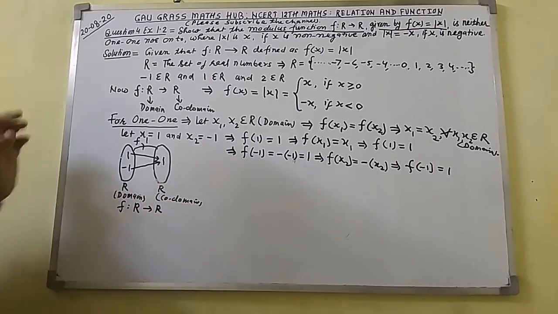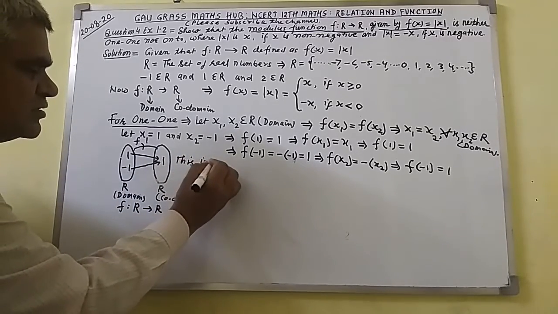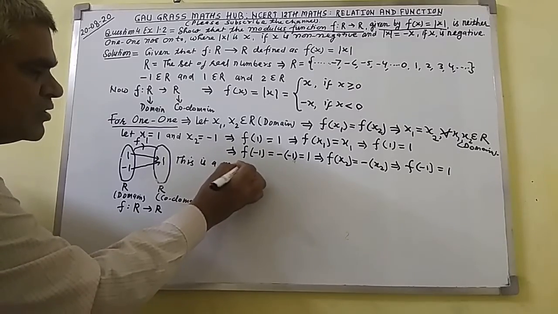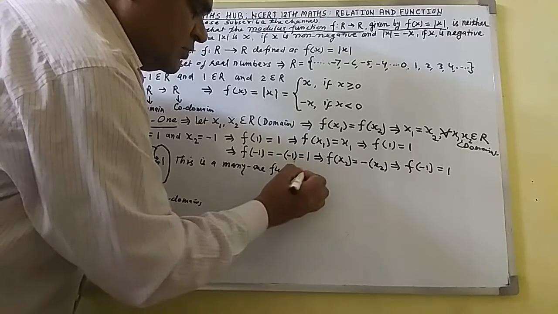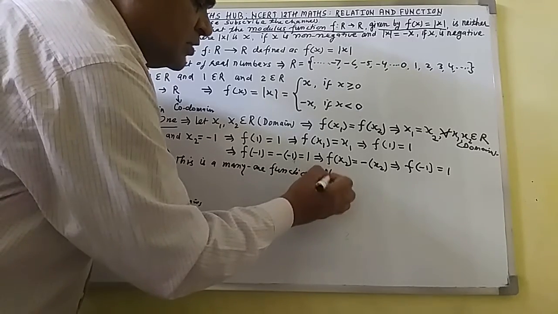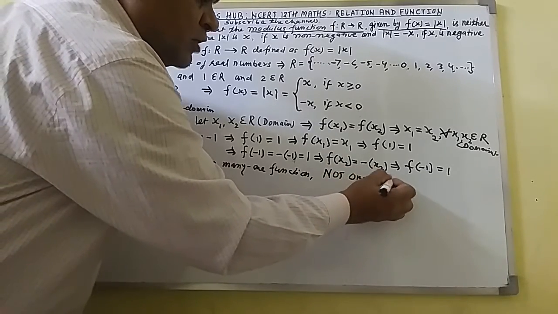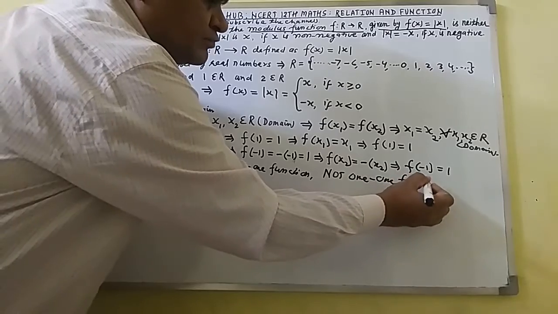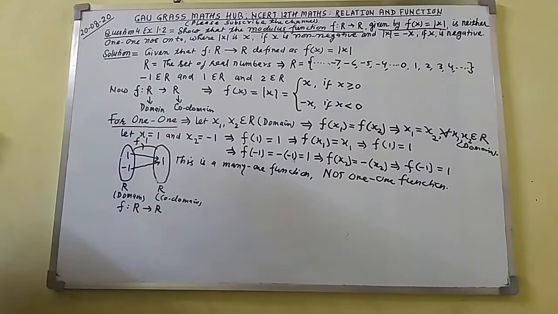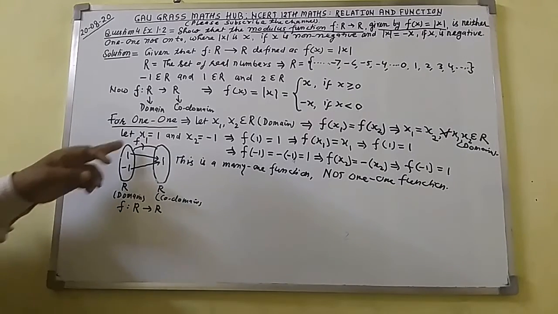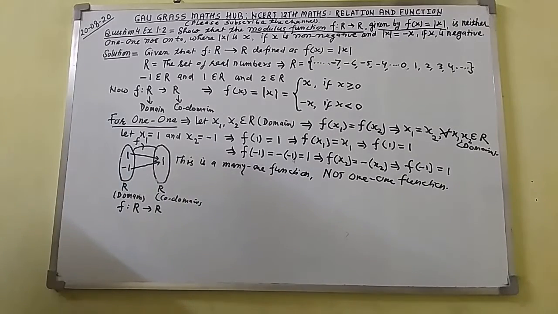This is a many-one function, not a one-one function. So here I have proved by this method f is not one-one function, but f is many-one function.